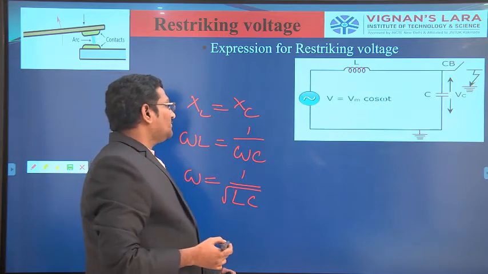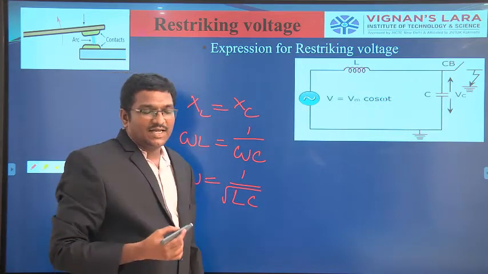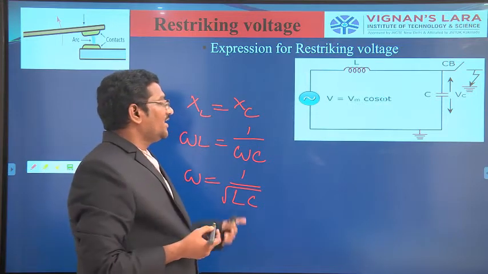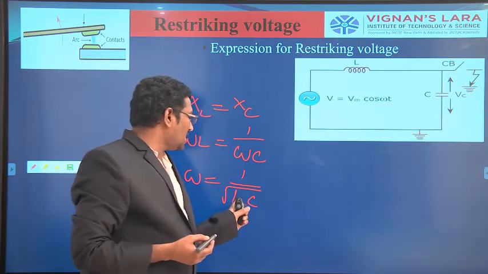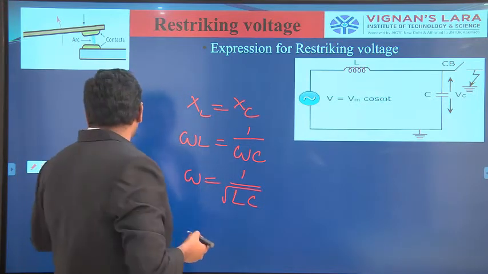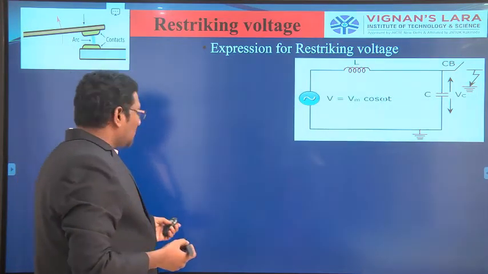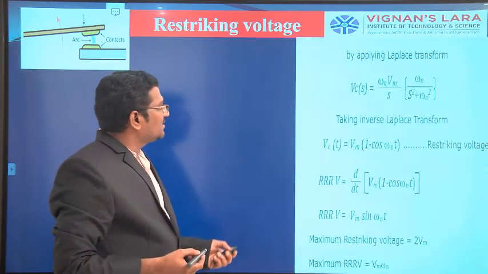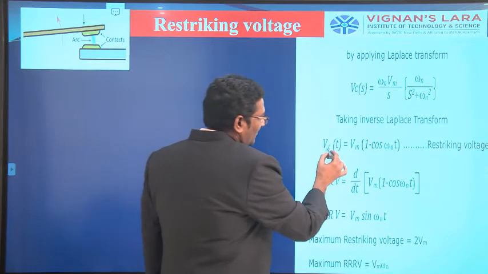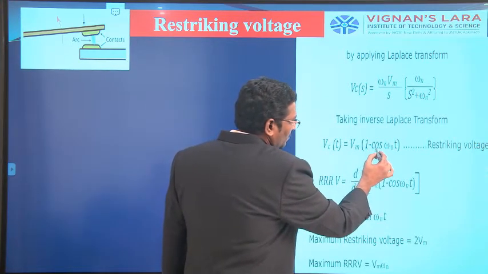Now you can express the restriking voltage in terms of inductance and capacitance. Therefore the restriking voltage mainly depends upon the inductance of the system and the capacitance of the system. Now see, this is the restriking voltage: Vc of t equals V maximum cos omega t.